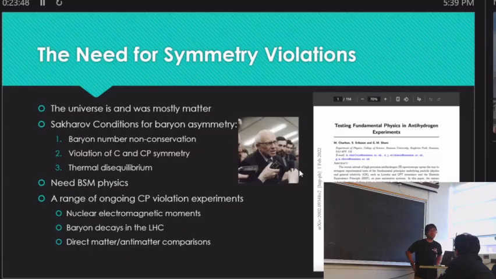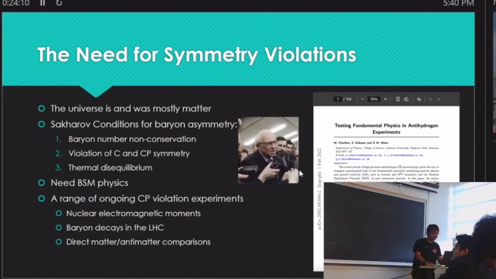And then you also need violations of C and CP symmetry. C says that, say, a preferentially antimatter-producing process is not balanced by a preferentially matter-producing one. A similar thing with CP, they should proceed at unequal rates. And thermal disequilibrium, of course, is just so that things don't get balanced out in the end.